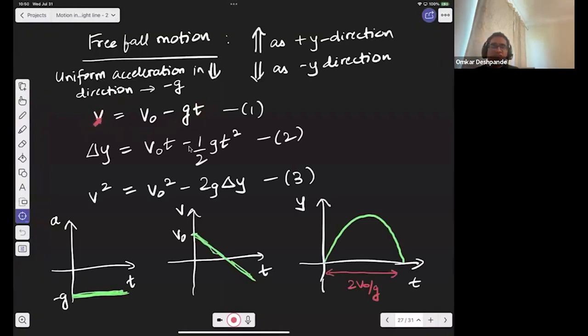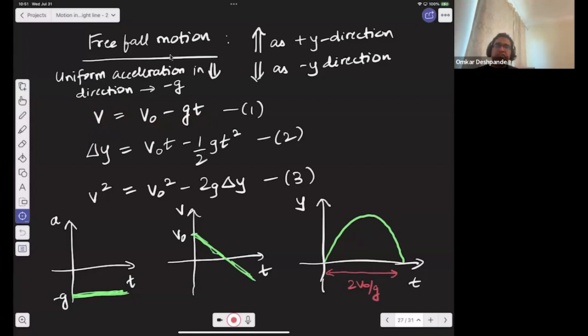That's not given to us, so it's hard to use it for that reason. Now, if you already know that it's going to come back with the same speed but in the opposite direction, then yes, you could set v to be minus v0, and you could get t equal to 2v0 by g from there as well.